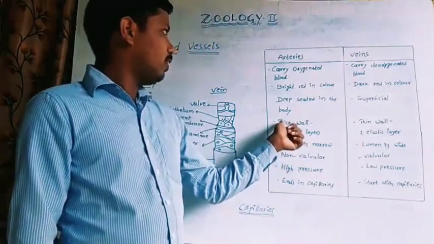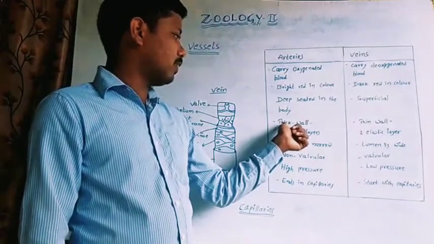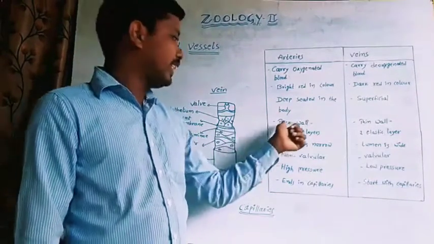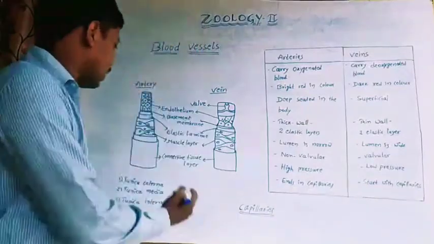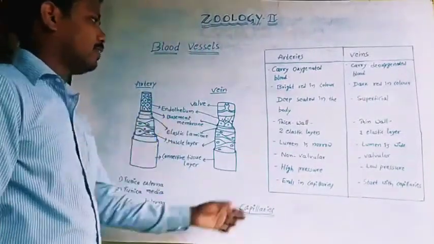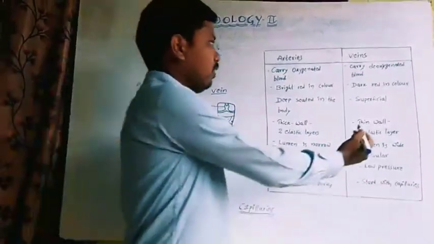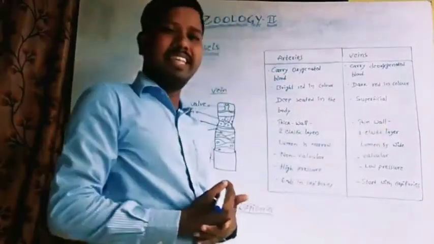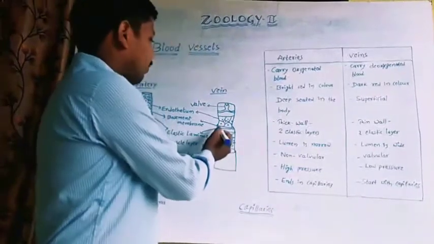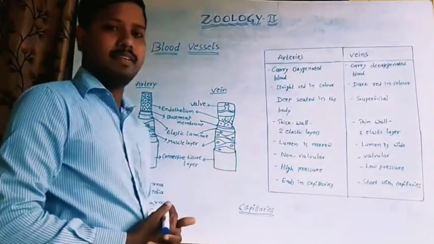Next, arteries are composed of a thick wall and there are two elastic layers in the wall of arteries. Veins are composed of a thin wall, and only one elastic layer is present.